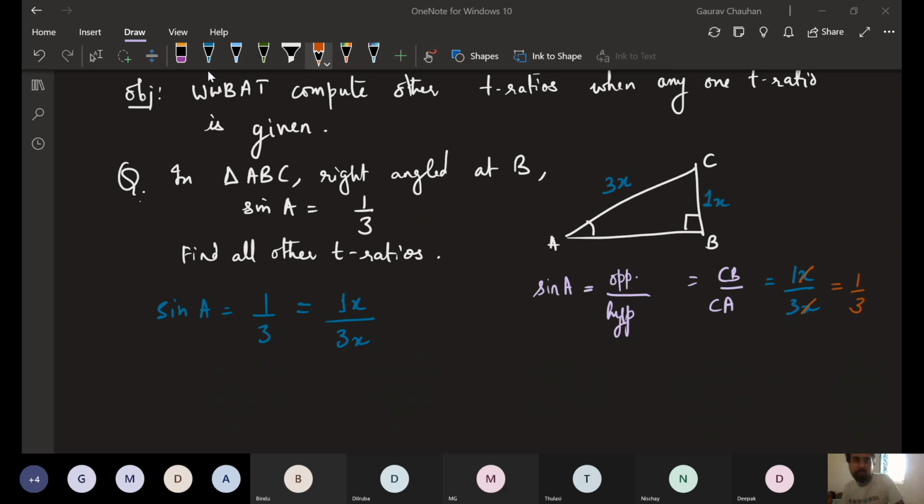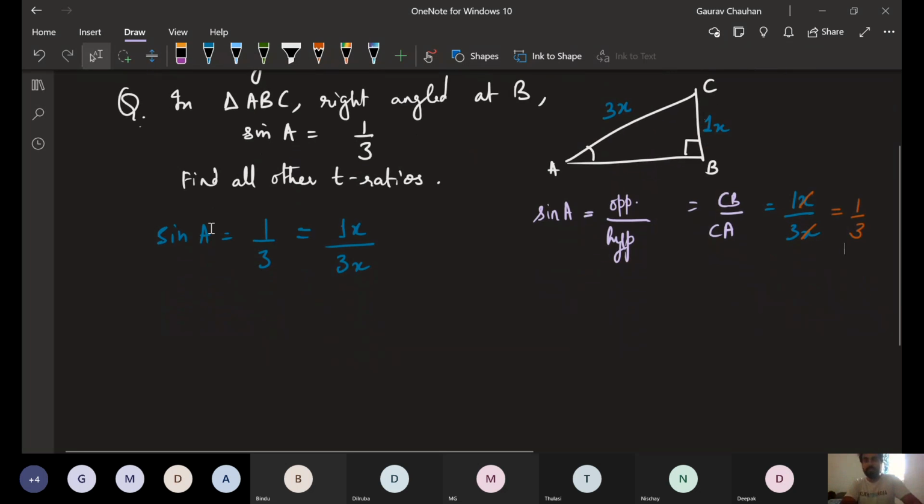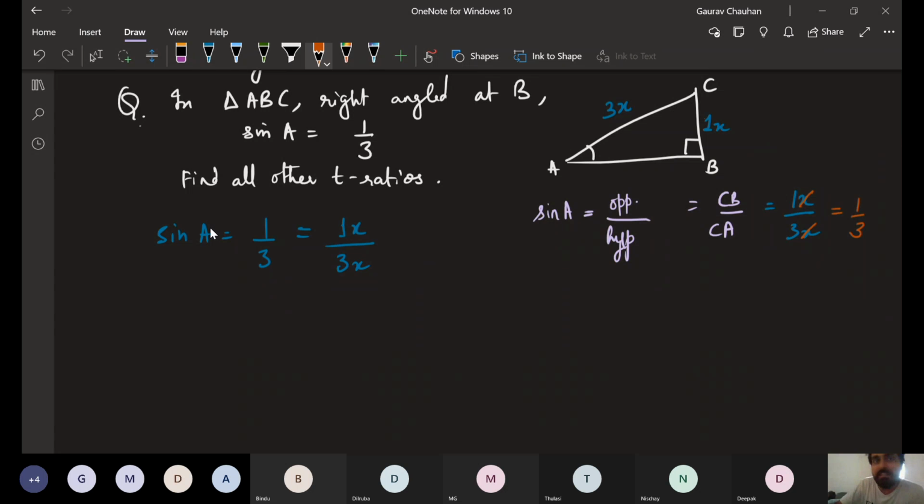Everyone good with me so far? Any doubts? None? Okay. All right. So what I need to do here is find everything in terms of x only, because finally I will divide.